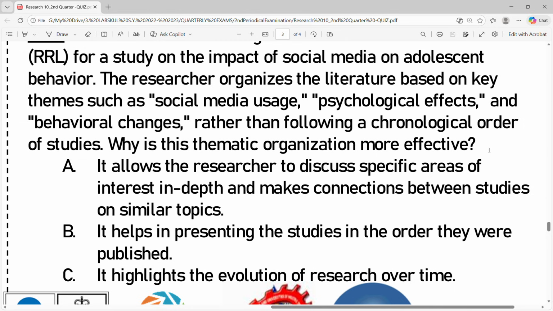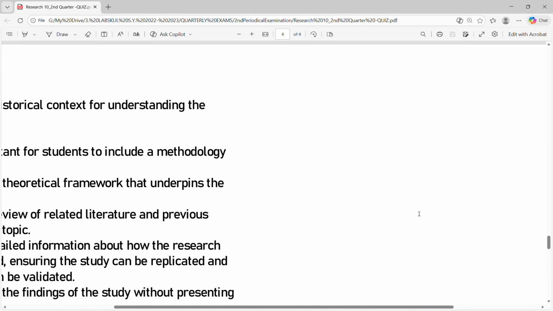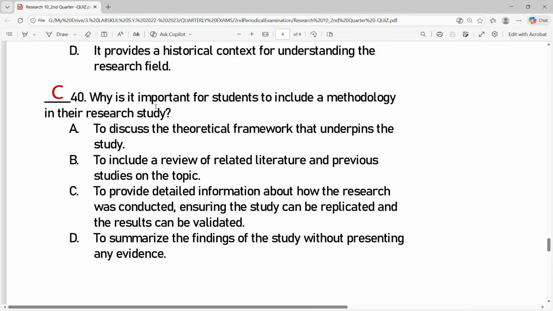Oh, this is a bonus question because it is the same question as the earlier one. Why is it necessary that we organize our review of related literature thematically rather than chronologically? So the answer here is letter A. It allows the researcher to discuss specific areas of interest in depth and makes connection between studies on similar topics.